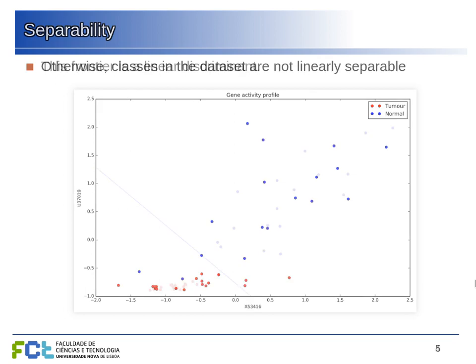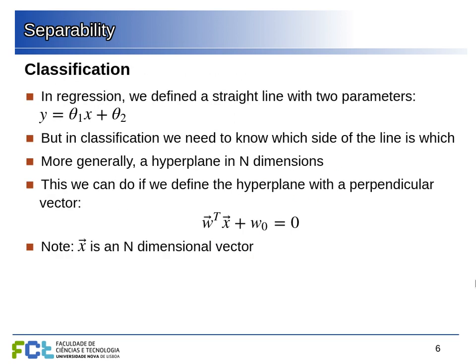So one way of representing a linear discriminant is by using one vector that is perpendicular to the plane and is pointing to one of the classes. So this would be the positive class. What is on the other side would be the negative class. The plane would be all the points that lie on vectors that are perpendicular to the vector that defines this plane.